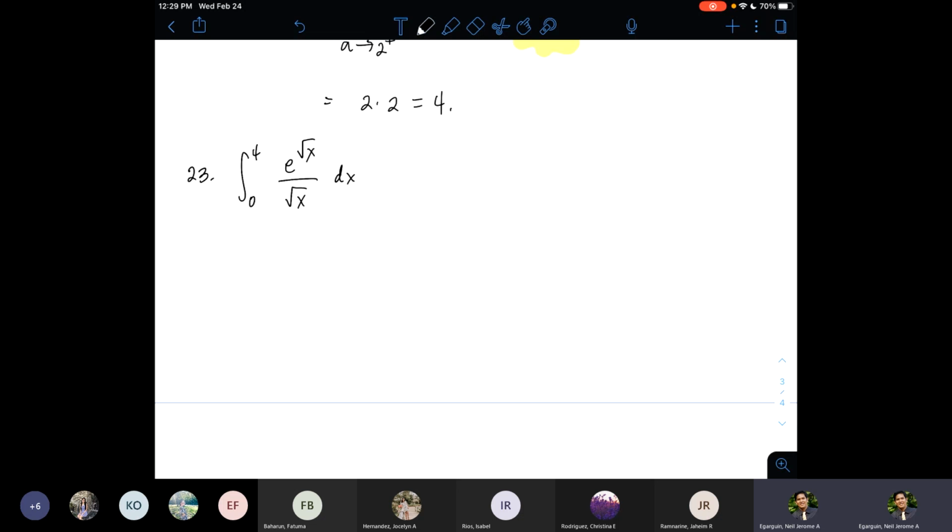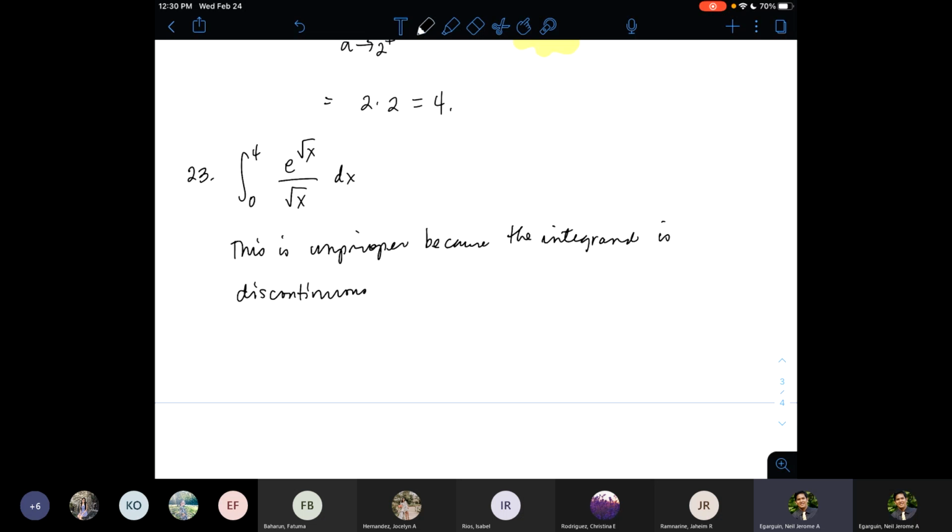Okay, so here this is improper because the integrand is discontinuous at x equals 0, which happens to be in the interval of integration, right? So it's an improper integral.